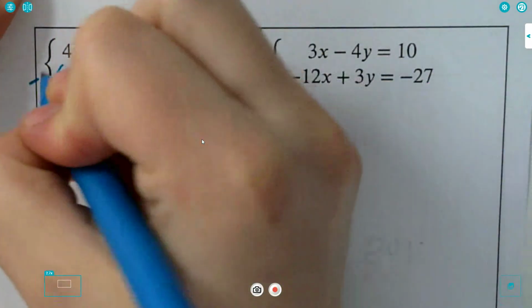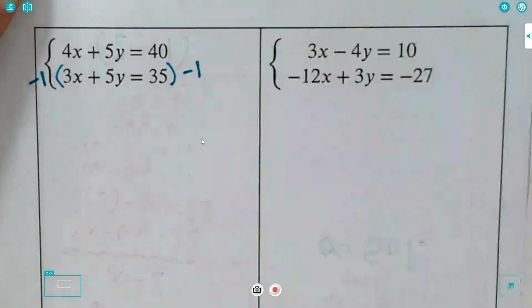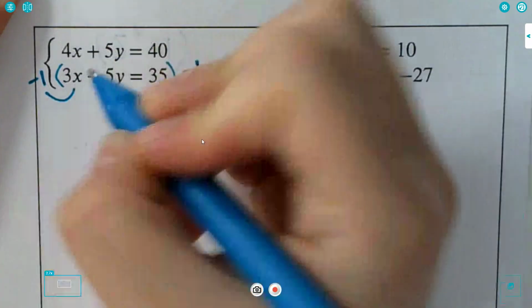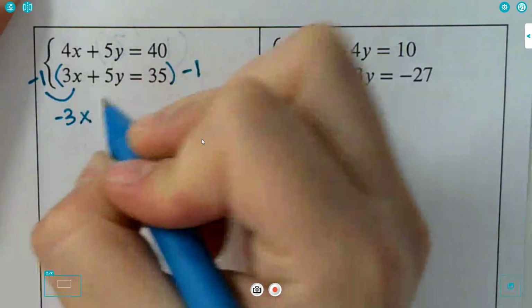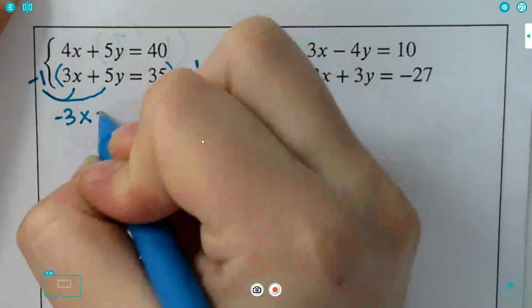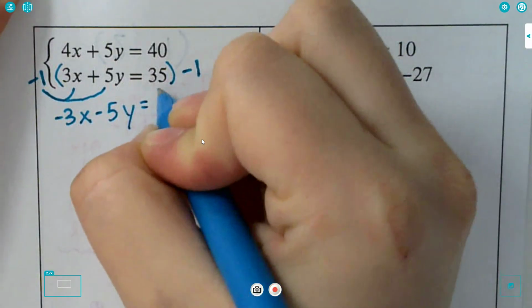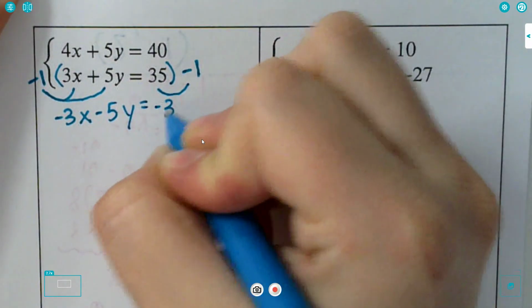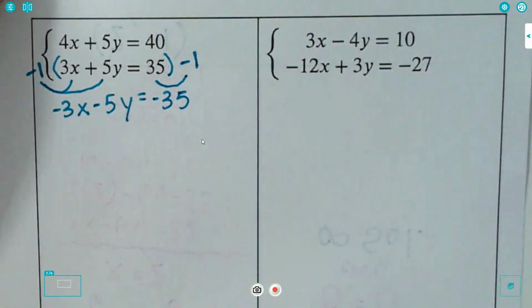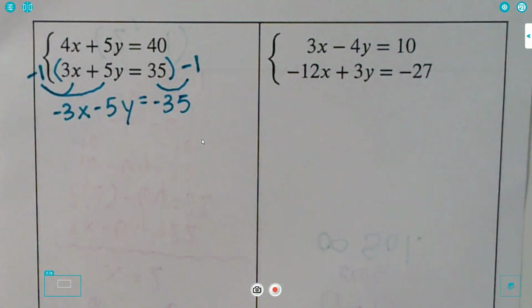So we're multiplying by -1 on both sides. So -1 times 3x is -3x. -1 times 5y is -5y. And 35 times -1 is -35. Okay.